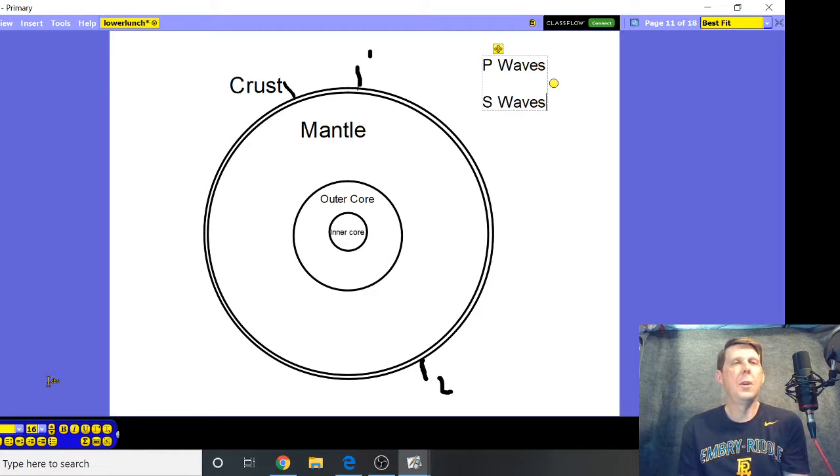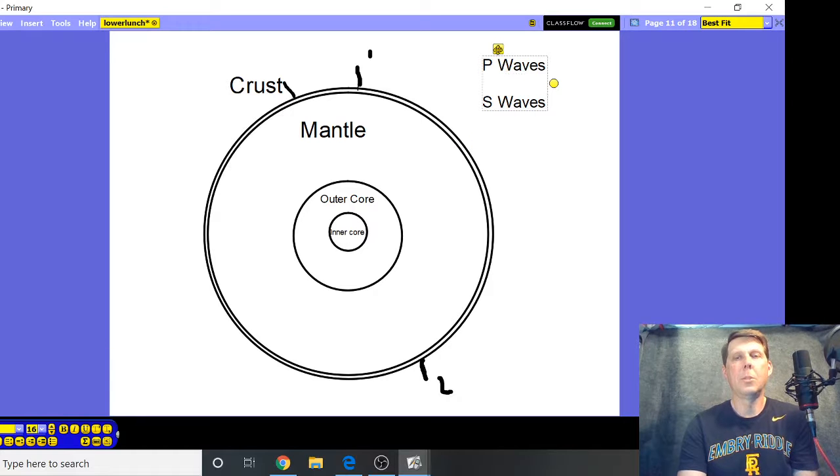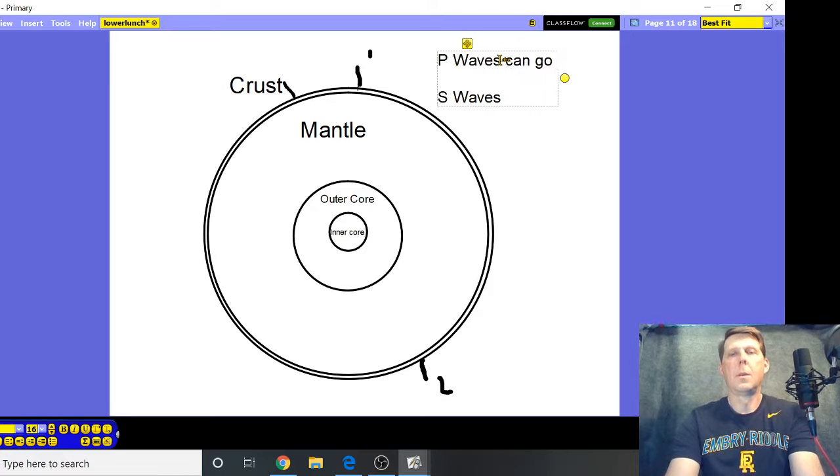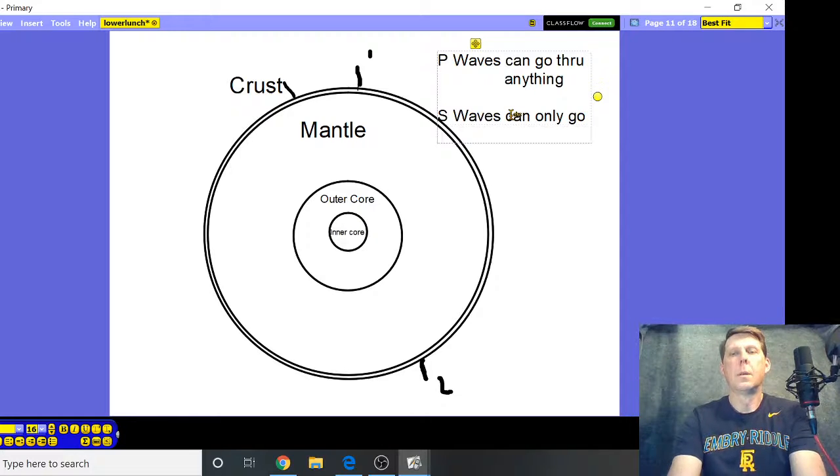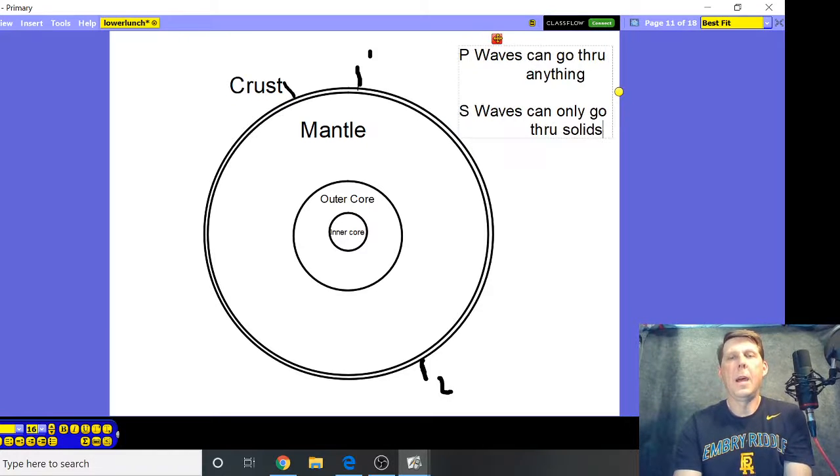They can go through solid, liquid, or gas. That's a seismic wave, more like a longitudinal wave. So P waves can go through anything, and S waves can only go through solids. So how does that help us?